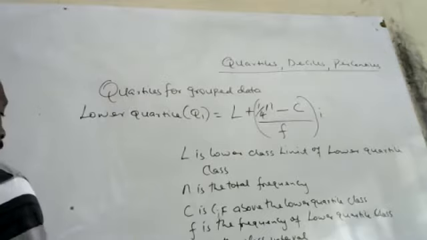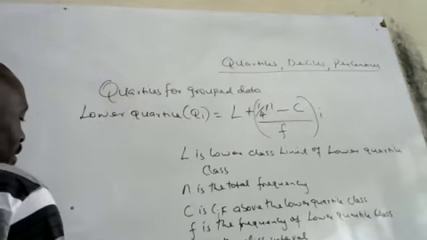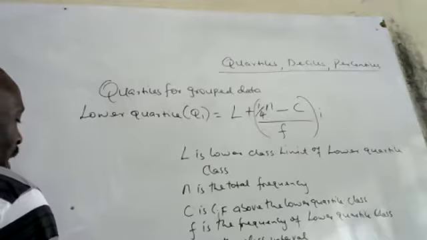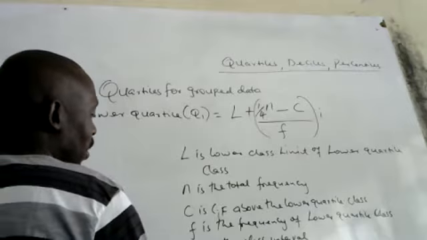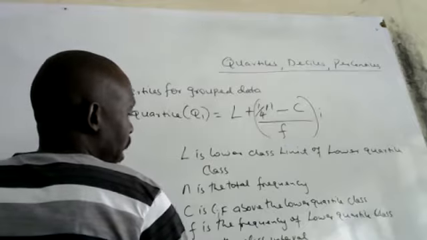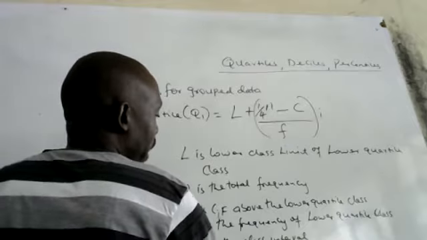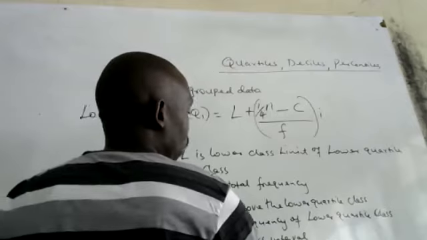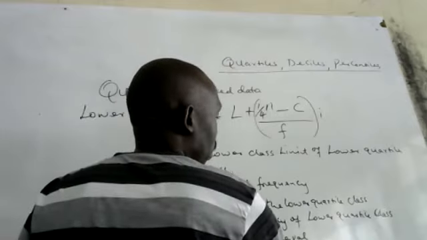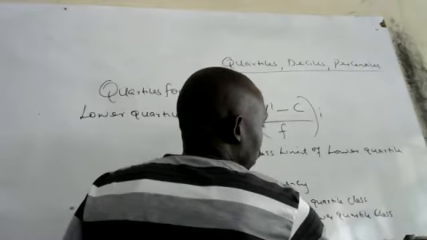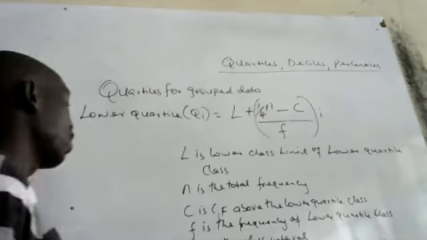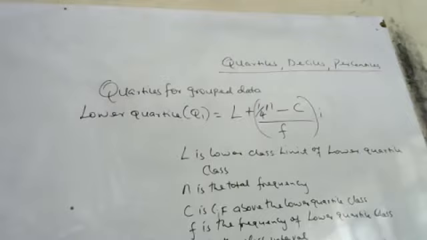The lower quartile class, let me just call it the Q1 class, is the class where 1/4 N will fall on the CF.